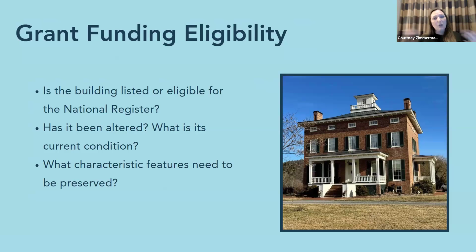So when you have to work with the SHPO on the updates or some of the work that you need to do, you will know, this is a Greek Revival, so these are the important features, or this has been already altered, so that's okay, we can change or replace that. That's what an updated survey will tell you. Next.